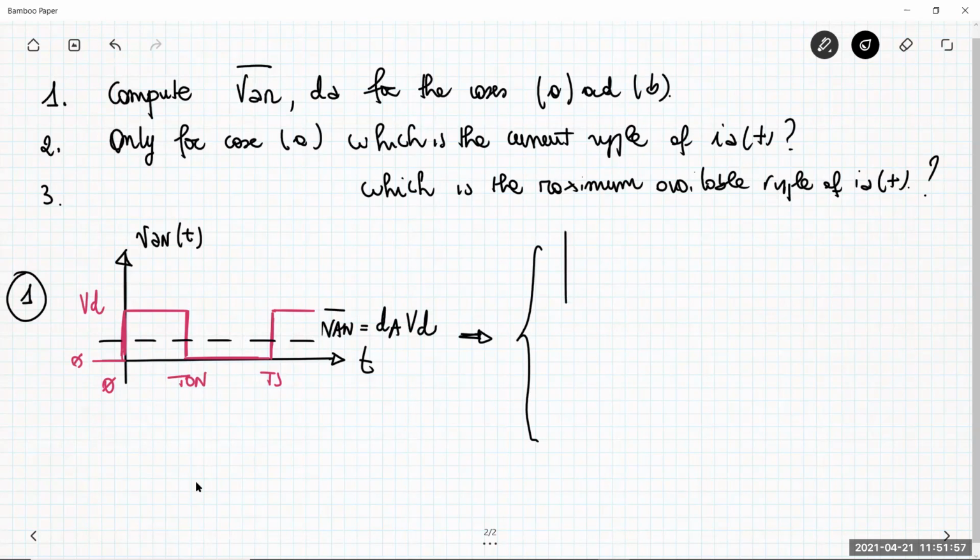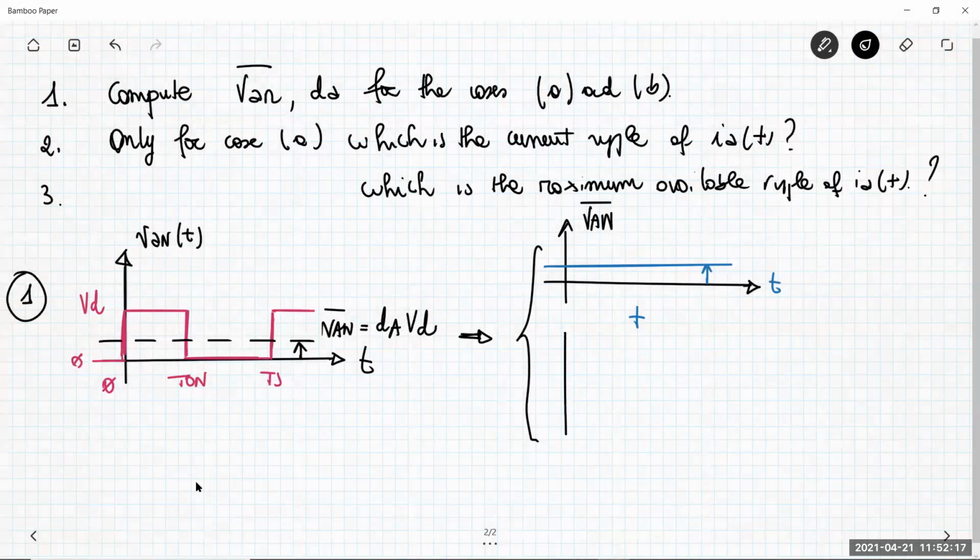The first one is a constant quantity, which is the VIN average value, exactly this level here, plus a contribution that is just an AC component of the voltage VIN, so it is the voltage VIN minus the average value.